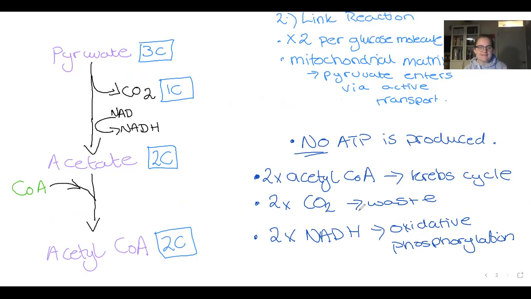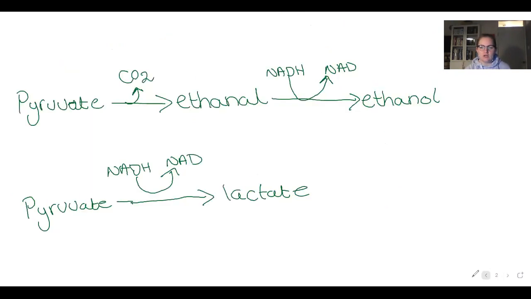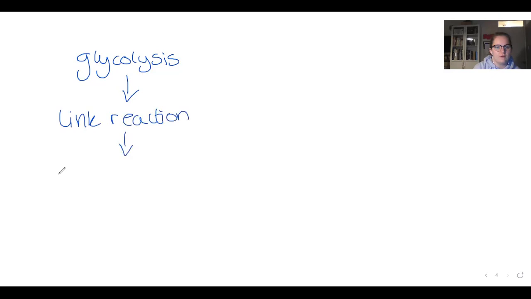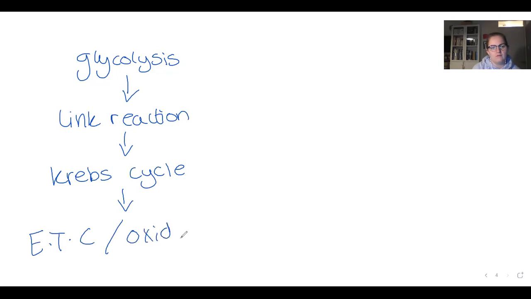So that is the second stage of respiration for aerobic respiration. The stages of aerobic respiration are glycolysis, link reaction, Krebs cycle, and then, depending what you call it, electron transport chain or oxidative phosphorylation.